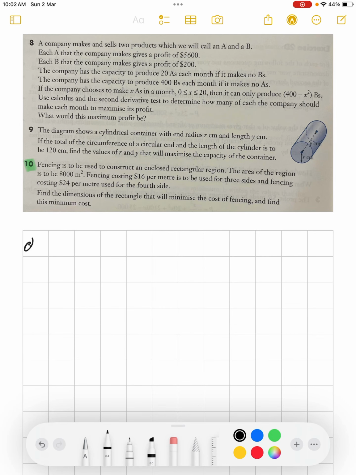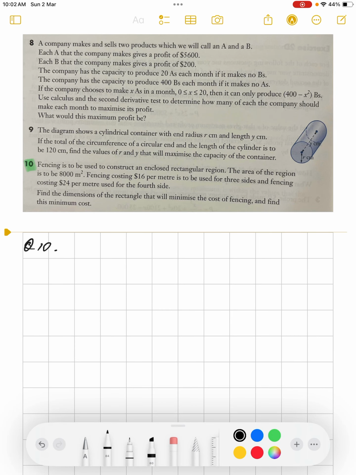I'm going to be looking at question 10. Fencing is to be used to construct an enclosed rectangular region. The fenced area is rectangular and the area is 8,000 square meters.